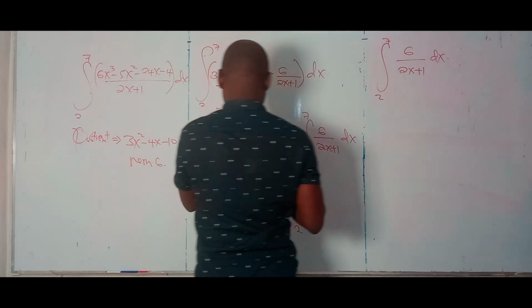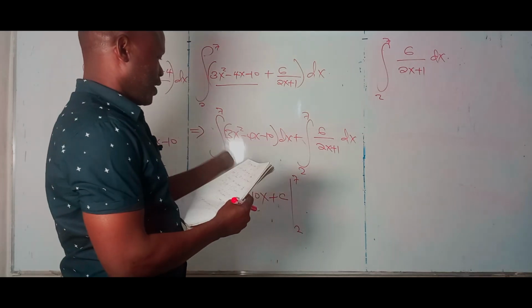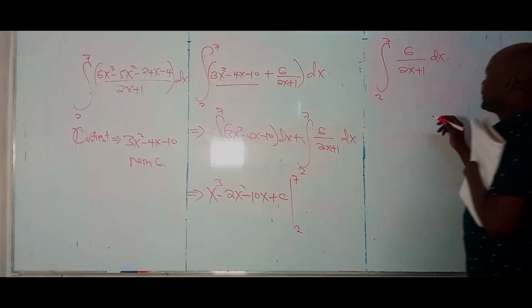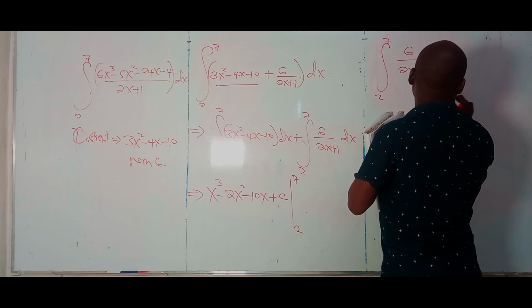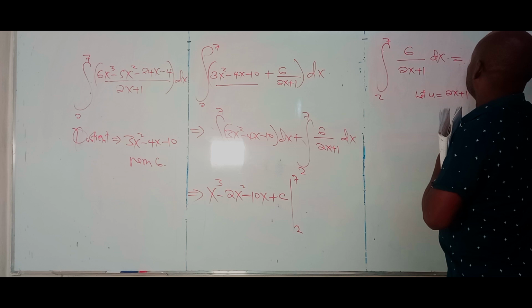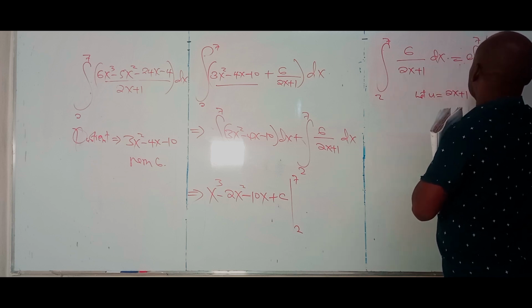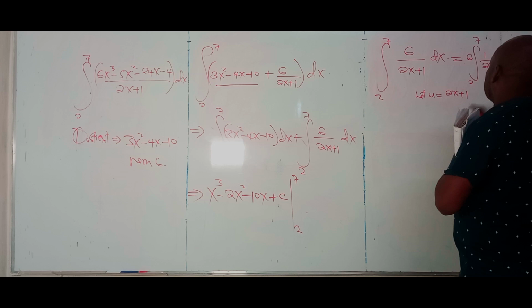Now, that part is interesting. To get that, we need to be a little smart by saying let u be 2x plus 1. I could as well factorize 6 outside, so it's the integral from 2 to 7 of 1 over 2x plus 1 dx.